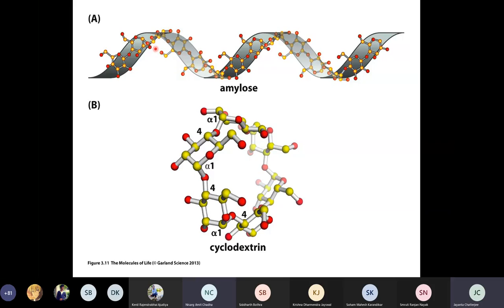No, C1, C6 branches would not resemble cellulose. That would be glycogen. It resembles glycogen somewhat. Yes. So it will be bent. Maybe your textbook was comparing with respect to cellulose.